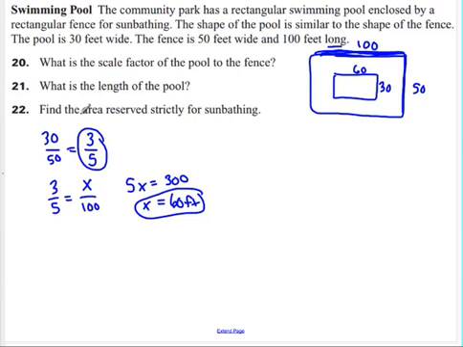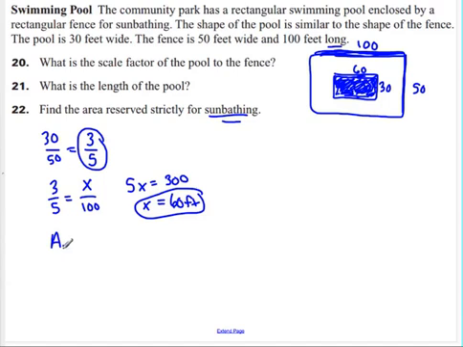Next, find the area reserved strictly for sunbathing. Well, this is the pool right here. And so what we're doing is we'll find the entire area of the fenced-in area, and we'll subtract this pool area because people can't really sunbathe strictly in the water because they might be, you know, splashing each other or doing whatever else they might be doing. So we'll just find the two areas.